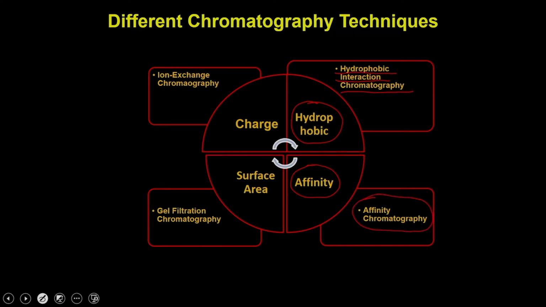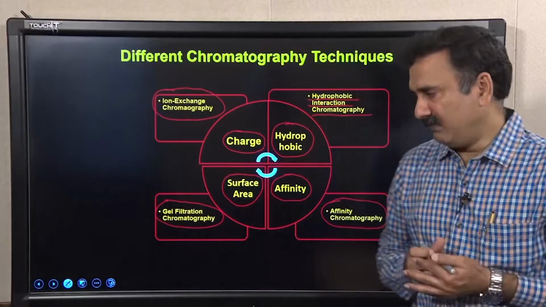Then you have the surface area as a property, which can be exploited in gel filtration chromatography. And lastly, you have the different types of charges present on the protein, either positive or negative, and that can be exploited in ion exchange chromatography. Today we are going to discuss ion exchange chromatography.